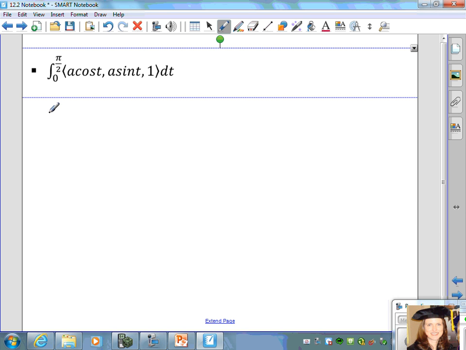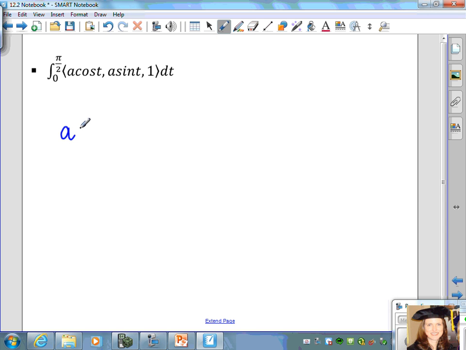To evaluate this definite integral, we want to integrate each of the components of the vector valued function, and then we'll use the fundamental theorem of calculus to evaluate the bounds. So we want to integrate. The antiderivative of a cosine t would be a sine t, and I can use the ijk notation or the angle bracket notation.